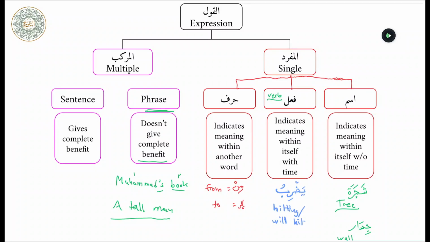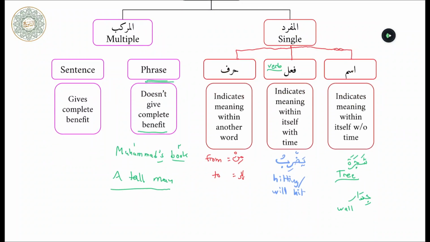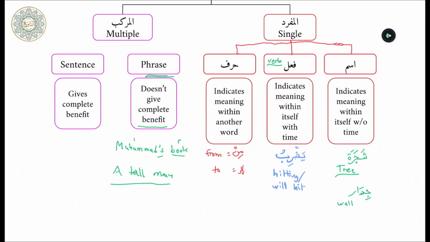Let's assume you only gave information. For instance, someone came along and said, in a room. Okay. Who is in a room? Is Zaid in a room? Is Muhammad in a room? Is Farhan in a room? Is Hamza in a room? Is Amir in a room? Who exactly is in a room?